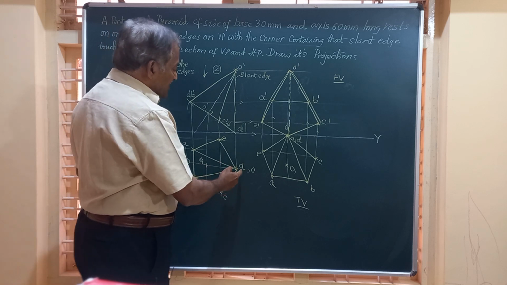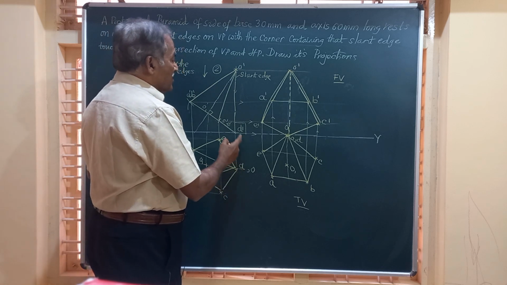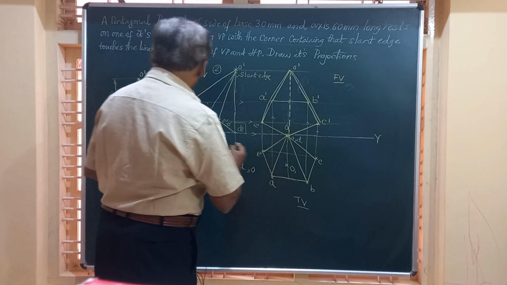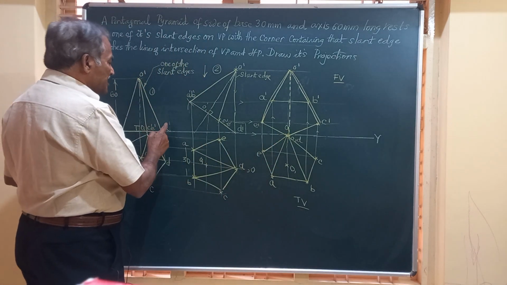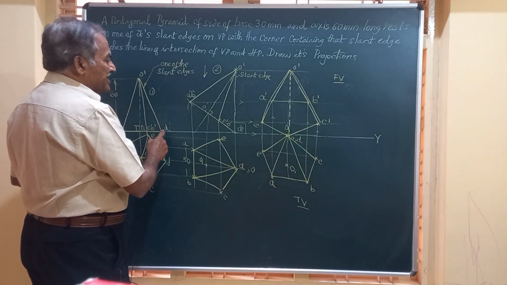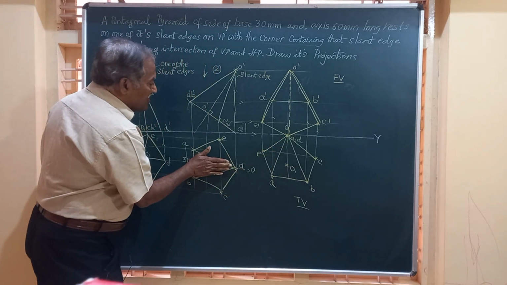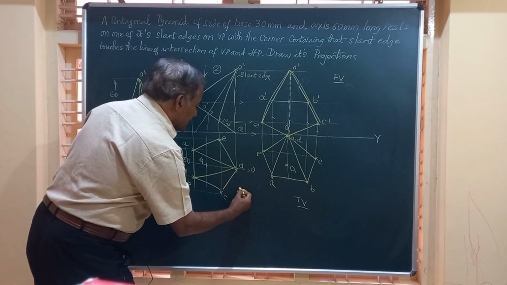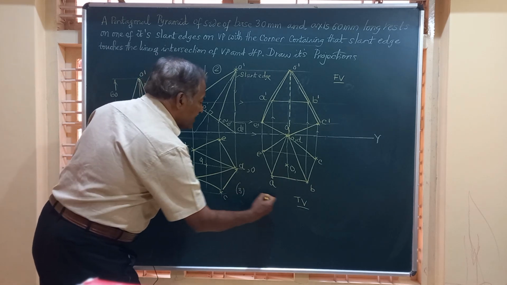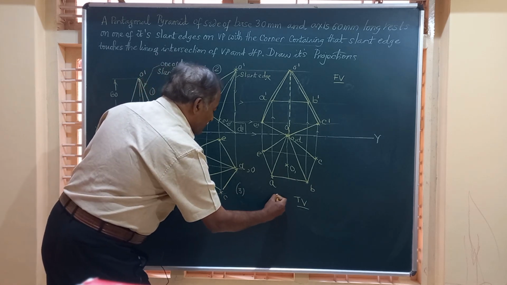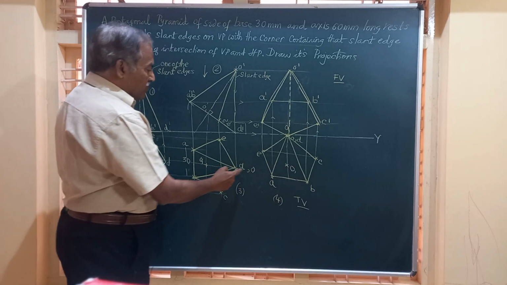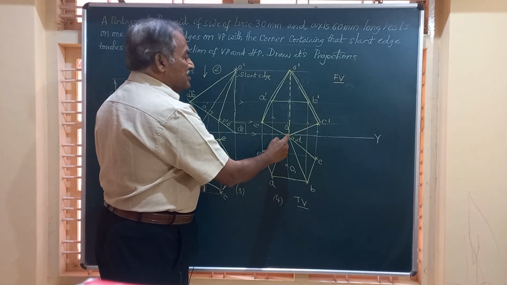Now friends, this D of the triangular face or the slant edge OD is one of the corner of that base. So that has to be on HP. So I have drawn this figure, say figure number 3 is redrawn as figure number 4 with this point OD on the XY.